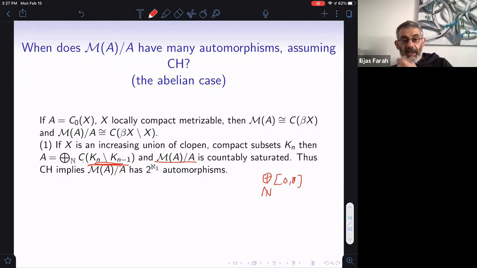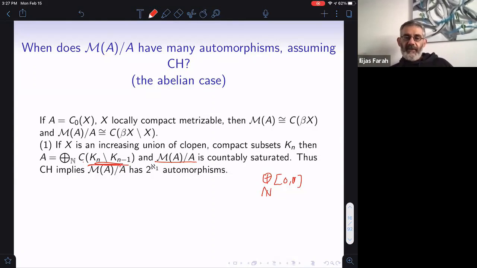Okay, now, for something like this to work, you don't really need a partition of all of X into clopen compact subsets. Even if you have a non-compact closed subset of X which can be partitioned like this, then if you can find an automorphism of that corner, it extends to an automorphism of the whole thing.